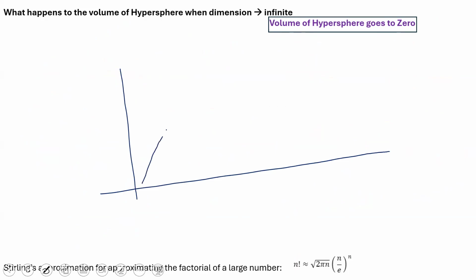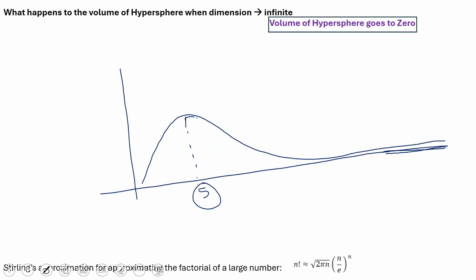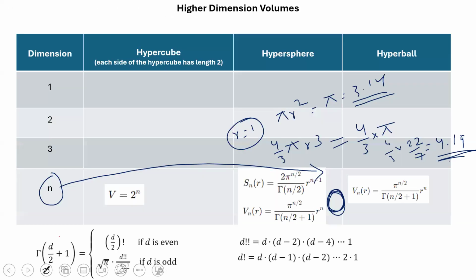It increases, and at one point it slowly comes down to 0. It may not touch 0, but it goes close to 0. So the volume of a hypersphere is highest somewhere around 5, and then it starts decreasing, and in higher dimensions it actually goes to 0.